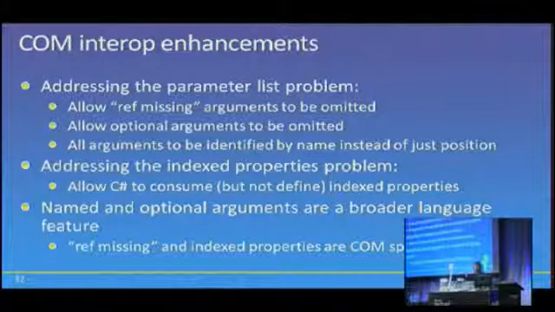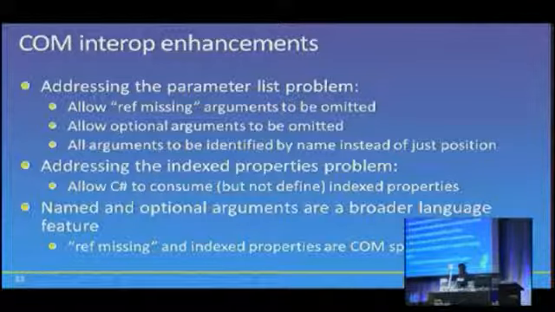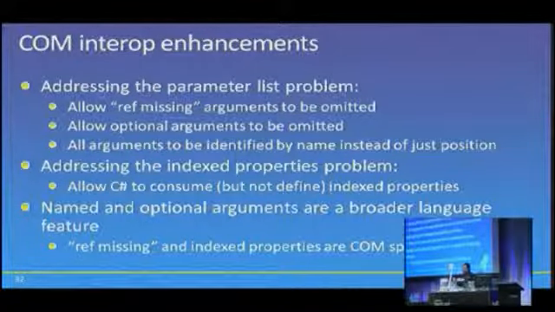Again, named arguments will sort that out for you. But C# is a little bit smarter than that still. If it sees an optional argument of type ref object, it will actually fill in the default value of ref missing. So you don't need to worry about things that have to be ref missing rather than null. You can just let C# take care of that for you.